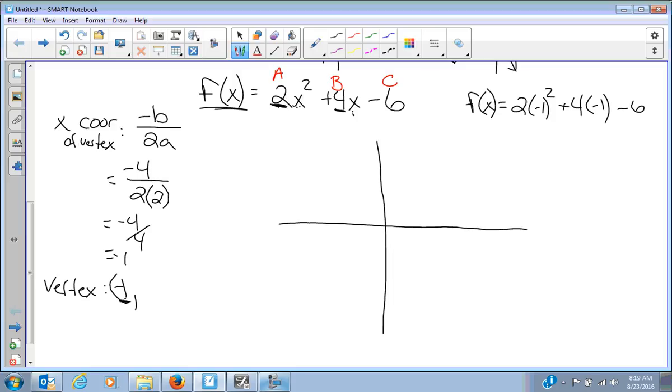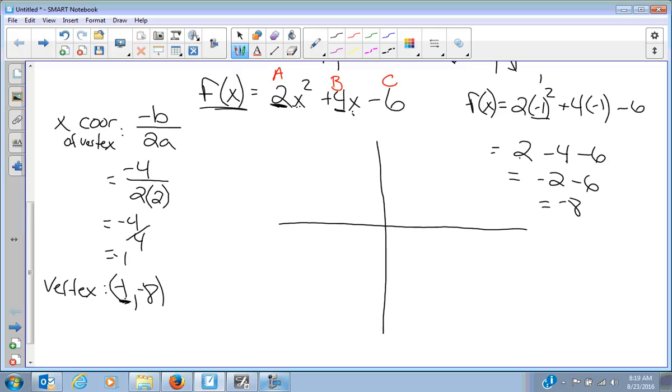With me? Negative 1 squared is 1. 1 times 2 is 2. Then 4 times negative 1 is negative 4. 2 minus 4 is negative 2. Negative 2 minus 6 is negative 8. So I know my vertex is negative 1, negative 8.